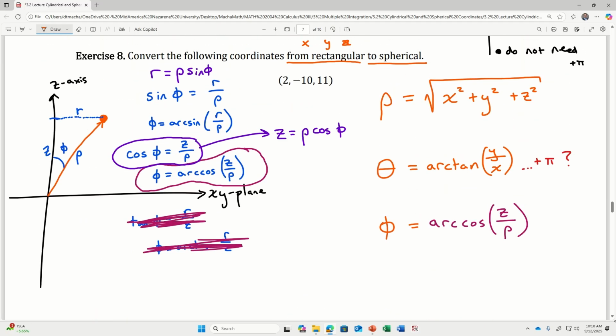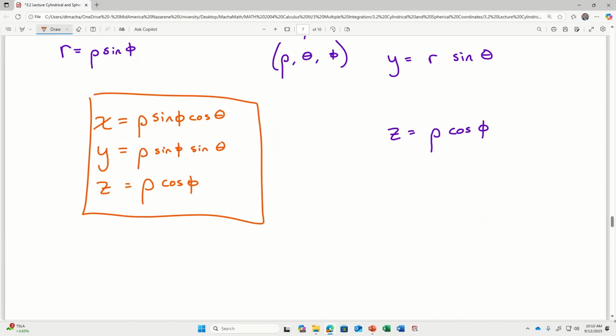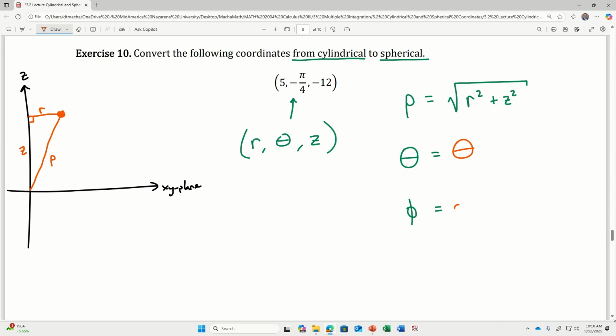I can get phi by using phi equals arc cosine of z divided by rho. Since I have already calculated rho and I know what z is, that will work.